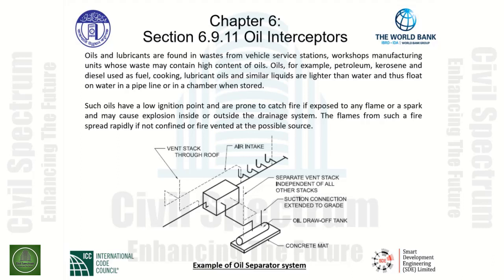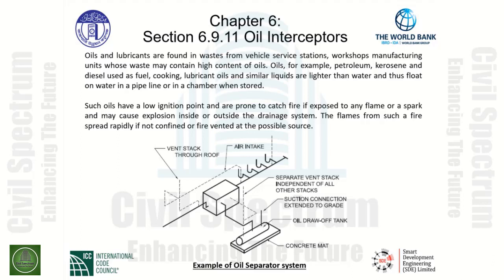We have our oil separator, which appears in this graphic. From this point, we have a series of floor drains that are indicated here that discharge into the oil separator. The oil tends to float to the top.